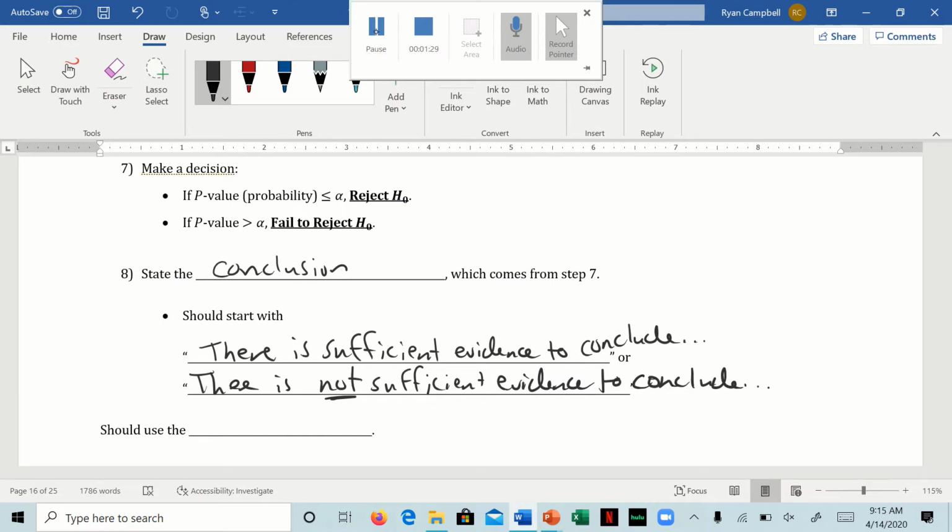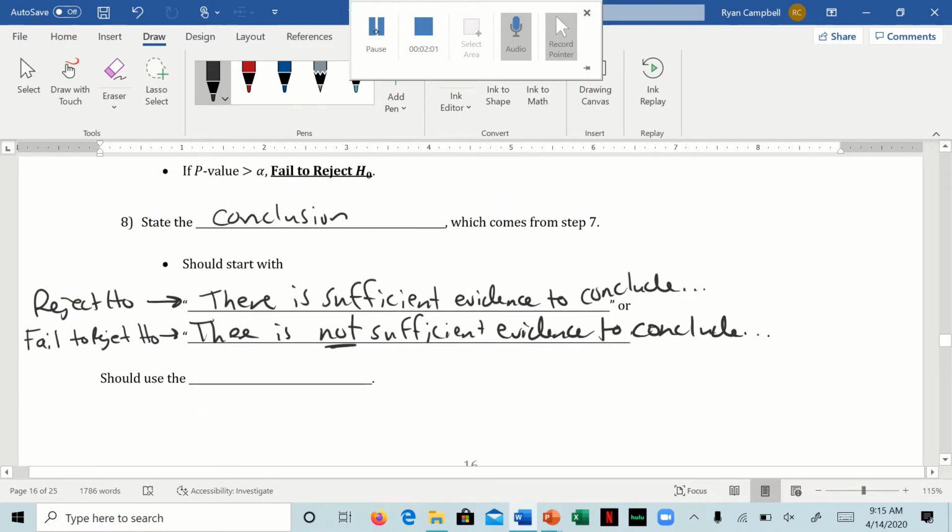Good. So the first one, if you say that there is sufficient evidence, it's because we rejected the null hypothesis, right? Remember, the null hypothesis was our assumption. So if we reject it, then there was sufficient evidence, right? There was definitely enough evidence to prove whatever we were trying to show. Likewise, if we fail to reject the null hypothesis, it's because there was not sufficient evidence, right? Whatever you were trying to show, not enough evidence to show that.